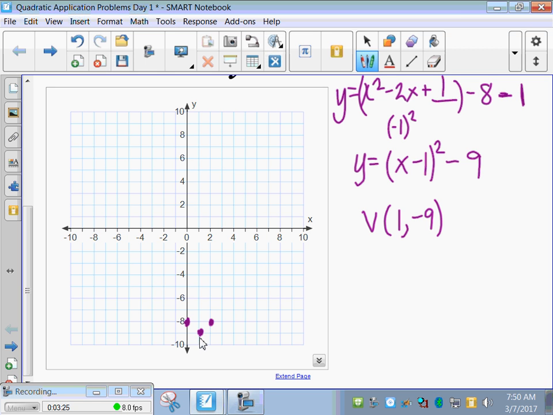And then back to the vertex, go right 2, up 4. Back to the vertex, go left 2, up 4. And you would draw in your parabola.